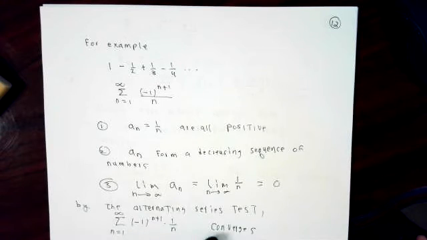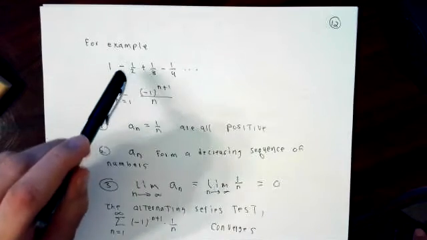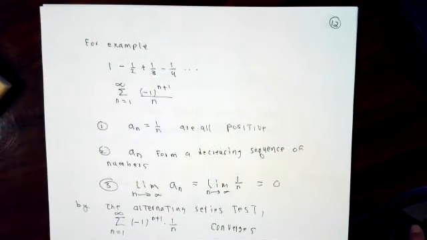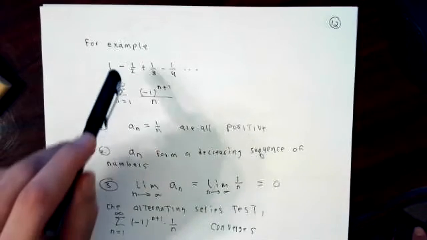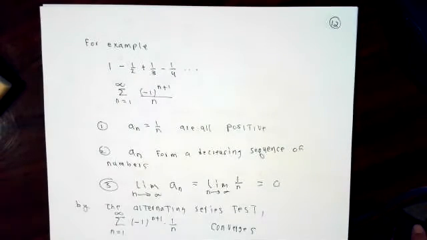this infinite series converges. It's interesting to note, if you didn't have the minuses, if they were all pluses, if it was 1 plus 1/2 plus 1/3 plus 1/4 and so on, that would be the harmonic series. We've seen at least a couple of different ways that that series diverges, but somehow alternating signs back and forth on the terms as you go along is enough to fix that up.